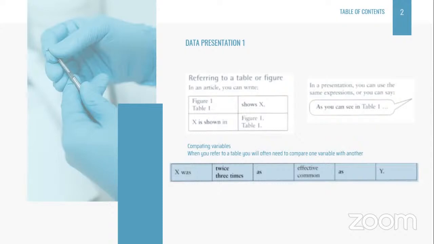X was twice as effective as Y is one example. Or X was 3 times as common as Y. Okay? There's just an example.